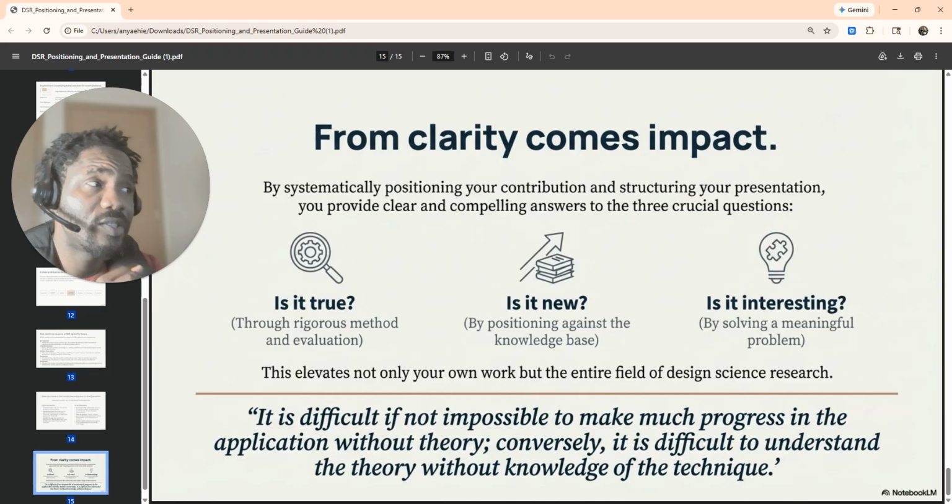And is it interesting? As the author says, it's difficult to understand the theory without knowledge of the technique, and use this tool to make sure your technique and your theory are understood by everyone. So this is the idea behind this paper. I still make some mistakes, so I'll go back to the drawing board and see.